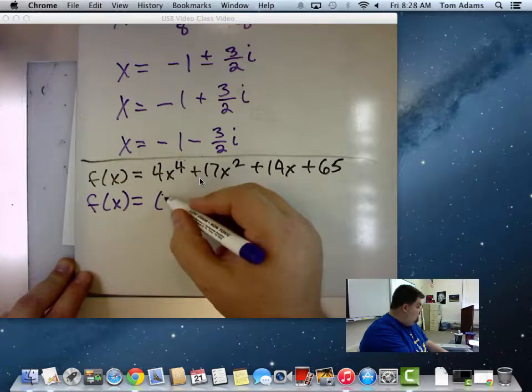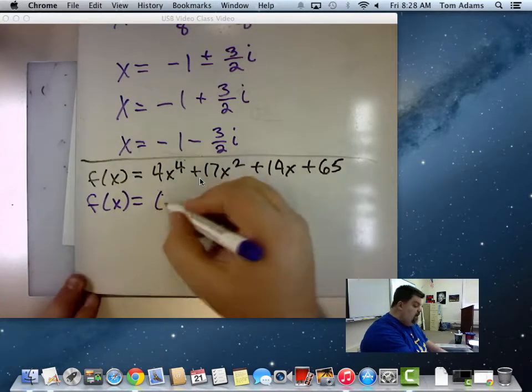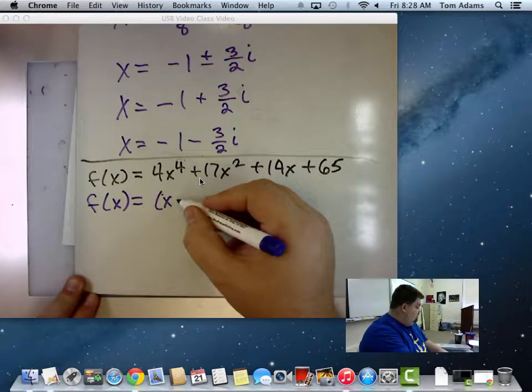I figured out that this is equal to x, right?